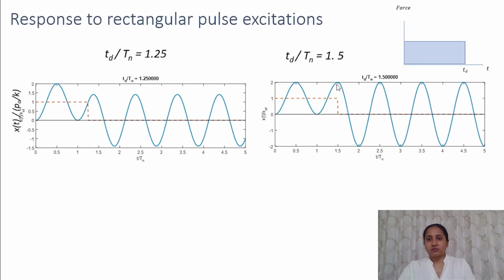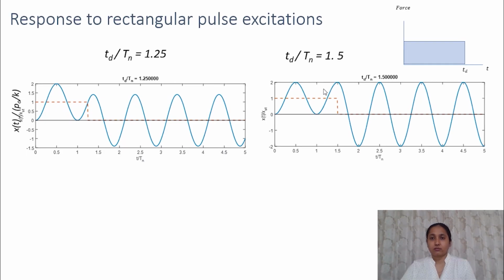So that is because of the initial conditions here. At the beginning of the free vibration phase, the displacement is maximum 2 and the velocity is 0. So for the free vibration also, the maximum amplitude will be same as the initial displacement, that is 2 here.